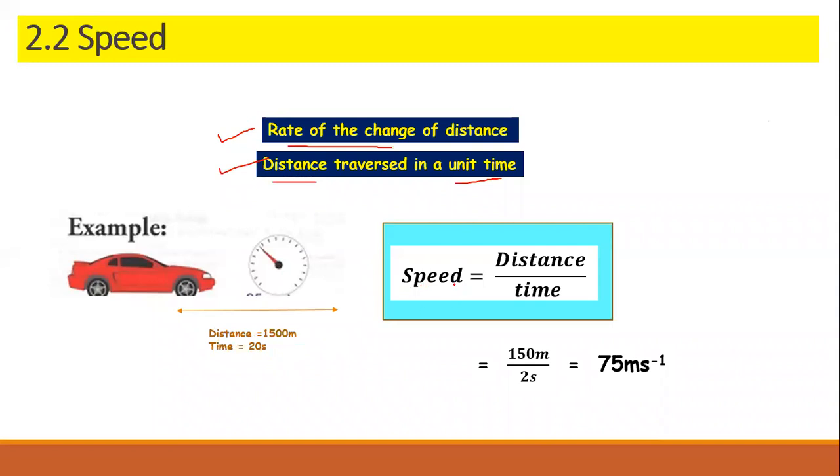To find the speed, we want to take the distance traversed in a unit time. But we have been given the time as 20 seconds. So we have to find the distance which has moved in 1 second. In order to find that, we have to divide this total distance mentioned here by 20.